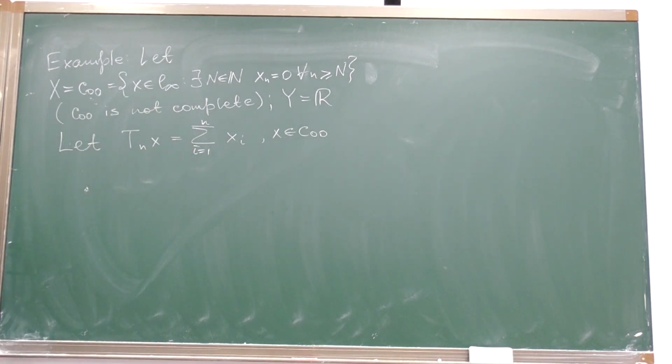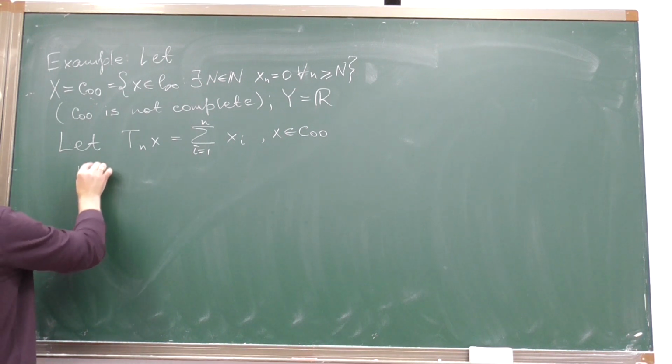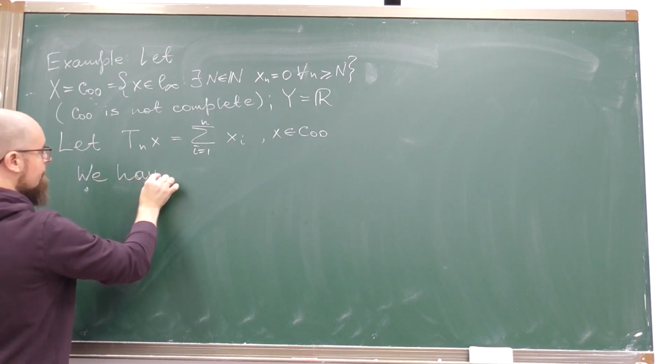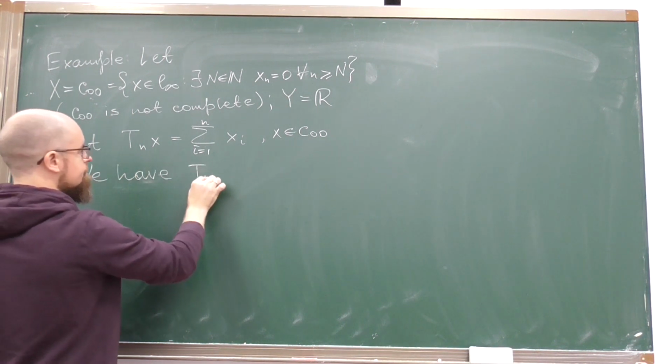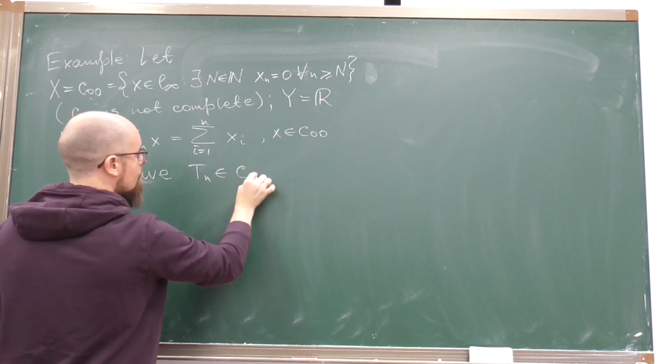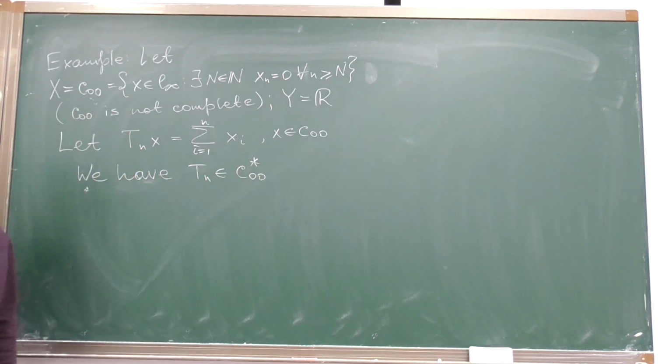First of all, it's not difficult to see that all such operators are well defined, clearly linear, and bounded. So they are bounded linear functionals on this space. Also, it's not difficult to see that the norm of T_n of x is bounded for every x.